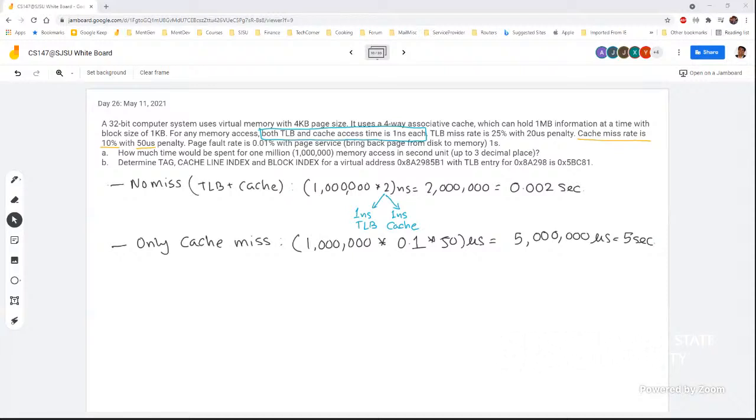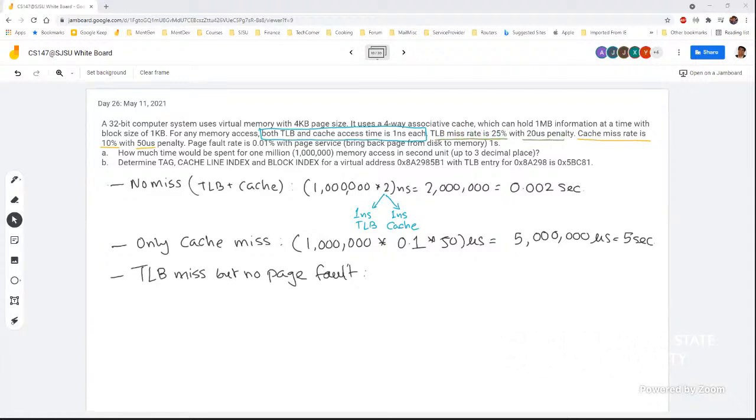Now let's talk about a TLB miss, but no page fault. That's basically your TLB miss rate of 25% with a 20 microsecond penalty.